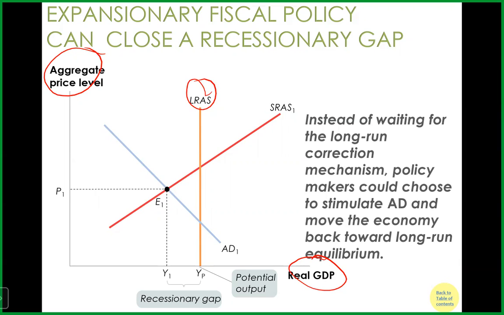Now, the second thing we have to achieve is to derive this AD and AS model, right? So the aggregate demand declines with price, and aggregate supply in the short run rises with aggregate price. That's the second thing we achieve.